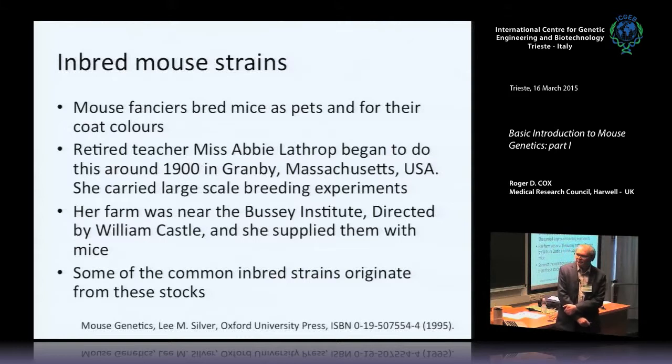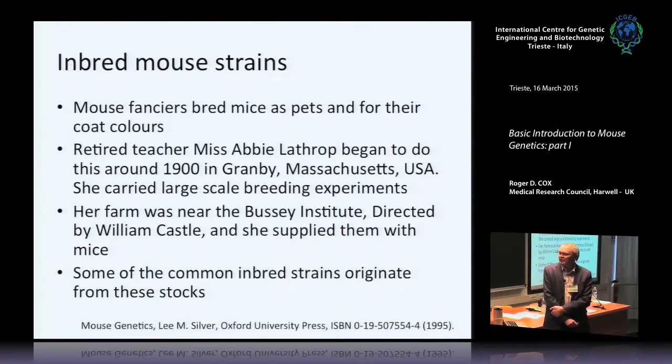So the origins of mouse genetics and inbred strains dates from around 1900. Originally, they were bred because mouse fanciers were interested in having different coat colors and showing them, I guess, but also as pets.